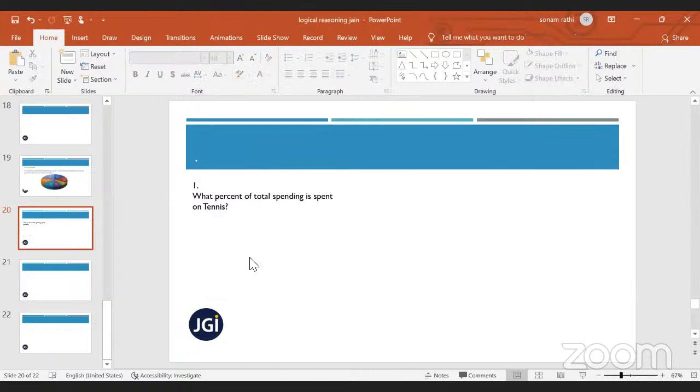Answer options: 12 and half, 22 and half, 25 and 45%.